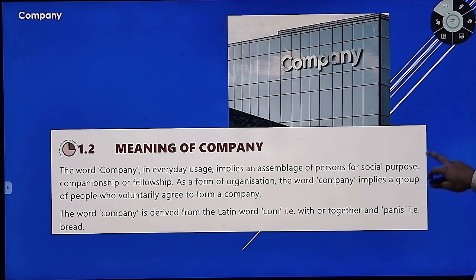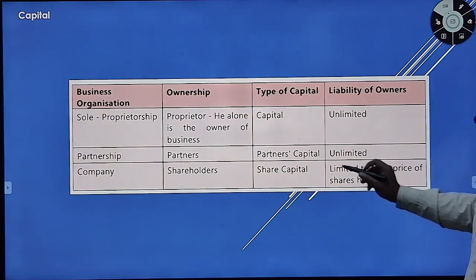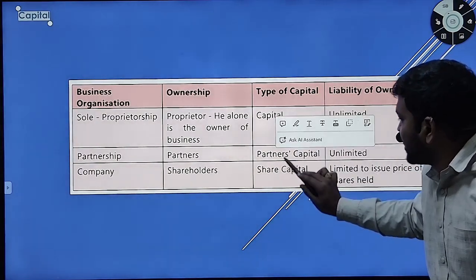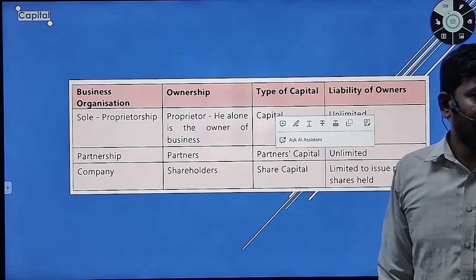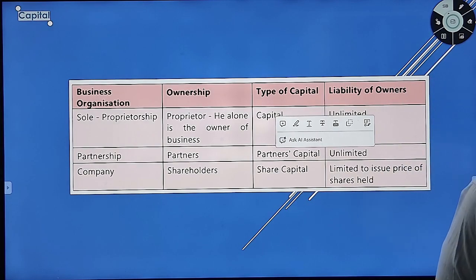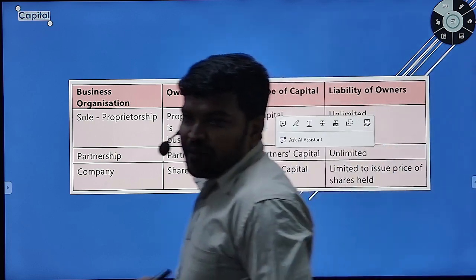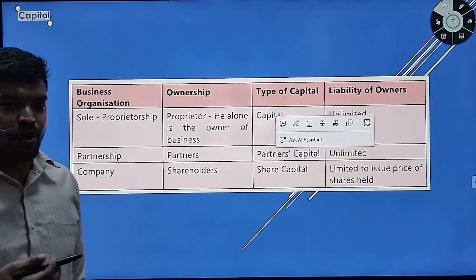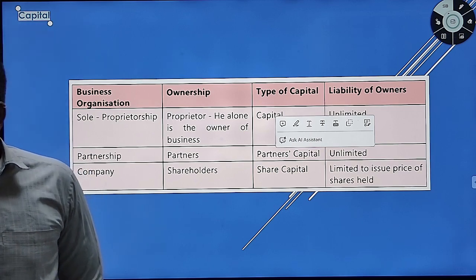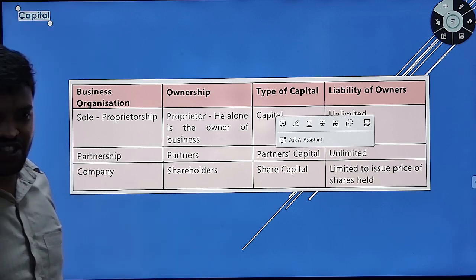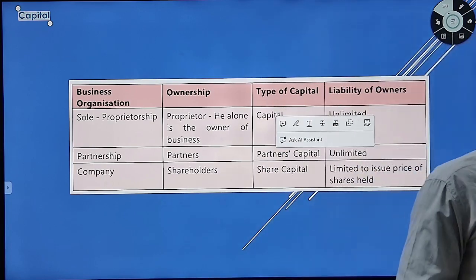Here you call it as capital. Here you call it as share capital. Shares. आपने shares सुना है कहीं पे? कंपनी shares issue किया है, कंपनी bonus issue किया वगैरह, हाँ? We will discuss about this share.